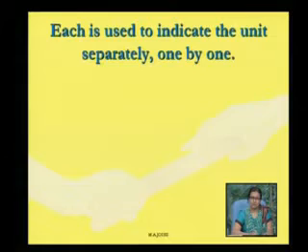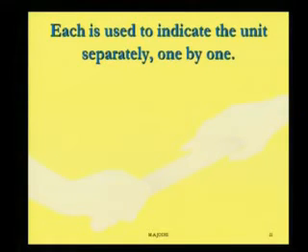Each is used to indicate the unit separately, one by one, and we divide the whole unit into all its parts, all the students, one by one. I consider each and every student one by one, and then I come to the conclusion that each and every student has cleared the examination.